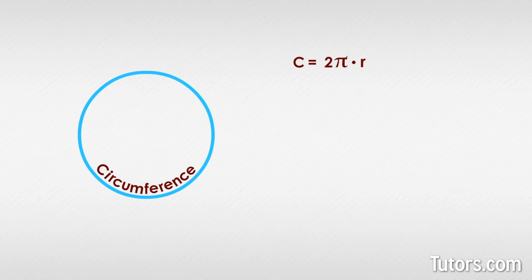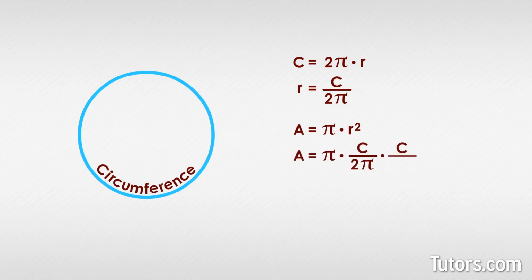That means to find the radius, we can take the circumference formula and solve for r, which gives us r equals c divided by 2 pi. We can replace r in our original formula with that new expression, which looks like this. This expression simplifies to A equals c squared divided by 4 pi.